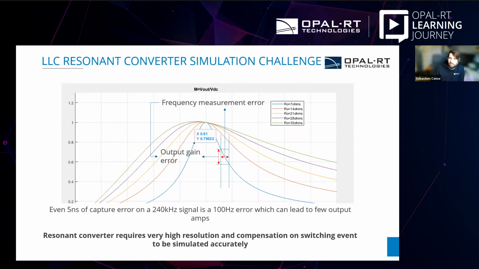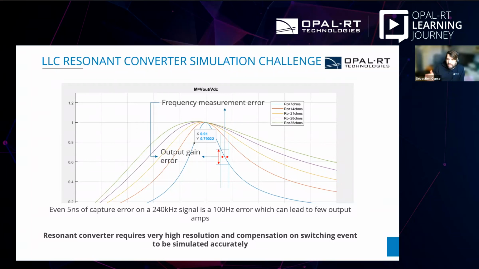For example, if you capture a 40 kilohertz signal with a 5 nanosecond error on it, so let's say you sample the digital input with a 5 nanosecond clock, you would get 100 hertz of error in your capture. But when you look at the gain, Vout versus the Vin input voltage, it could lead to a few amps of error at the output.